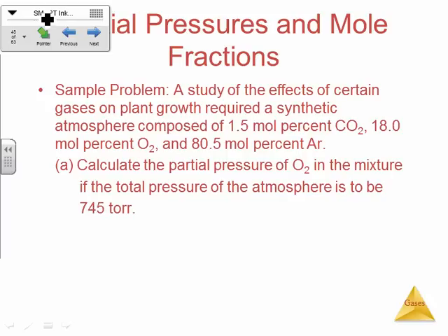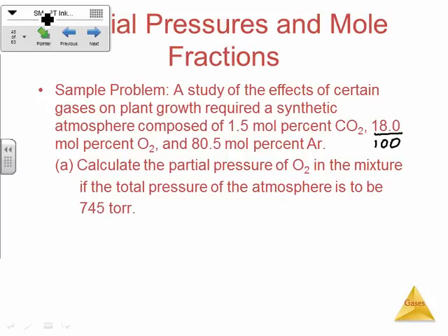Okay, so here's the deal: they're giving us mole percentages right now. And just like normal, when you have a percentage, if you want to find the decimal or the fraction, then you just divide that by 100. Because what it's telling you is if we have 18% O2, then that's 0.18 for the mole fraction. 18 divided by 100 here.